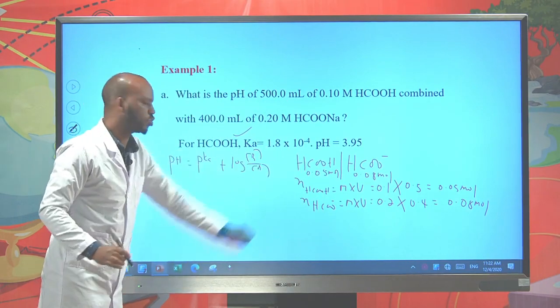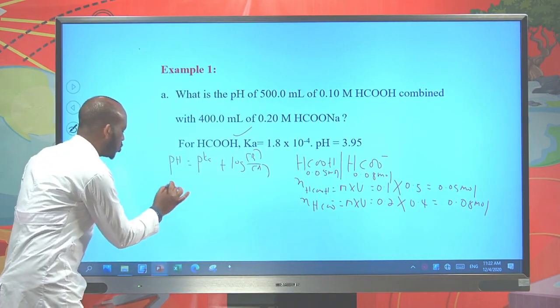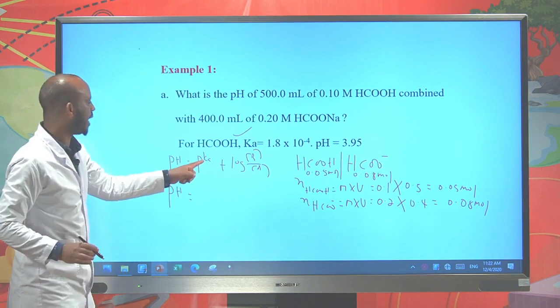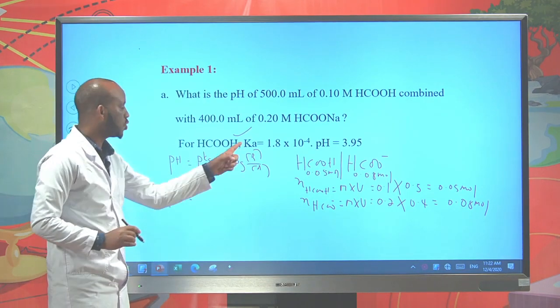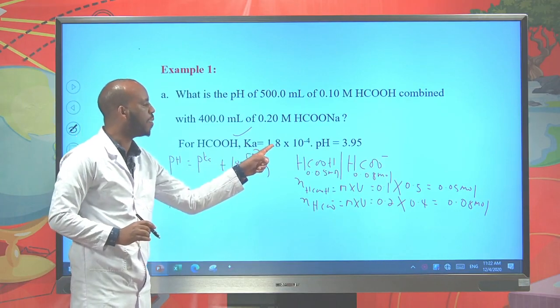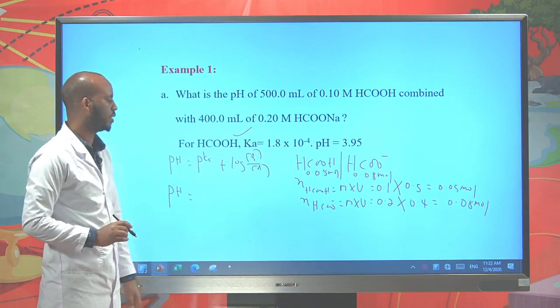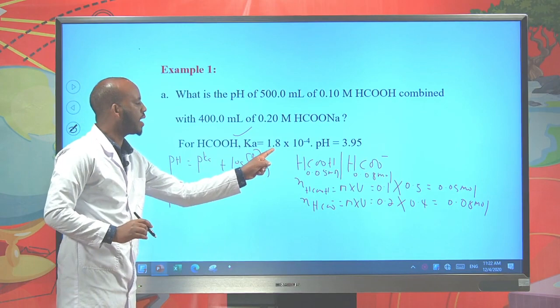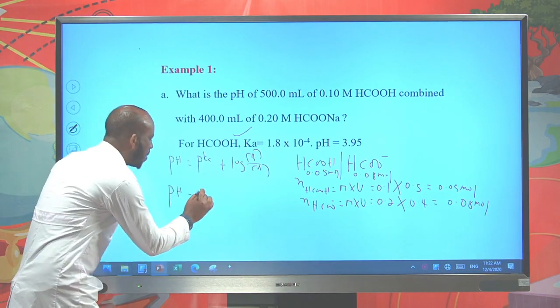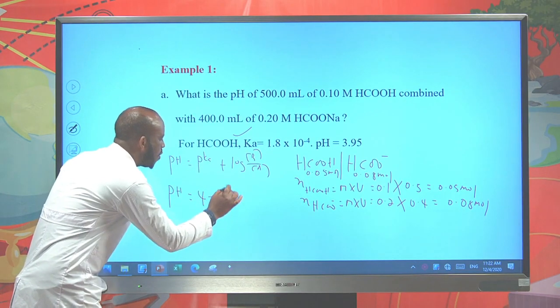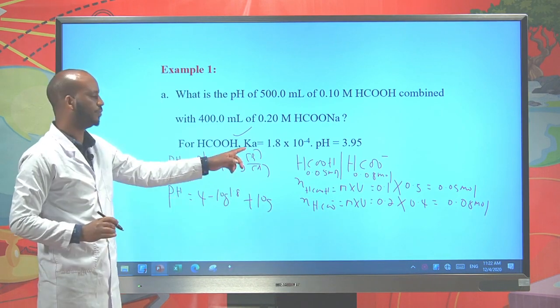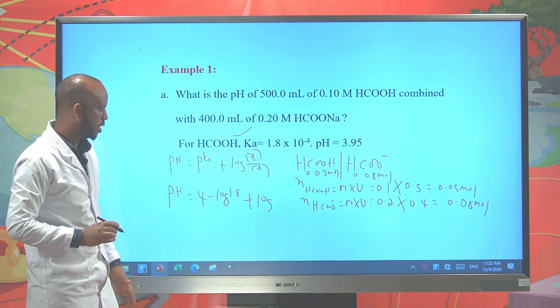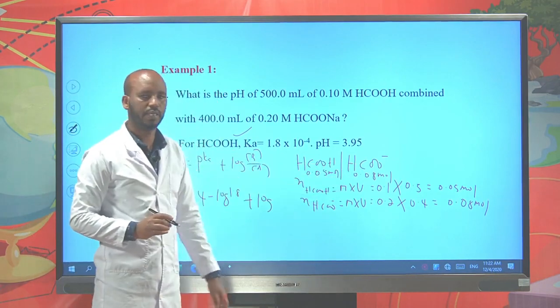The pH of this buffer solution equals pKa, the negative logarithm of Ka. The acid dissociation constant of formic acid is 1.8 times 10 raised to minus 4. pKa is the negative logarithm of this, which is 4 minus log 1.8, plus log of the base concentration, the conjugate base, which is formate ion.